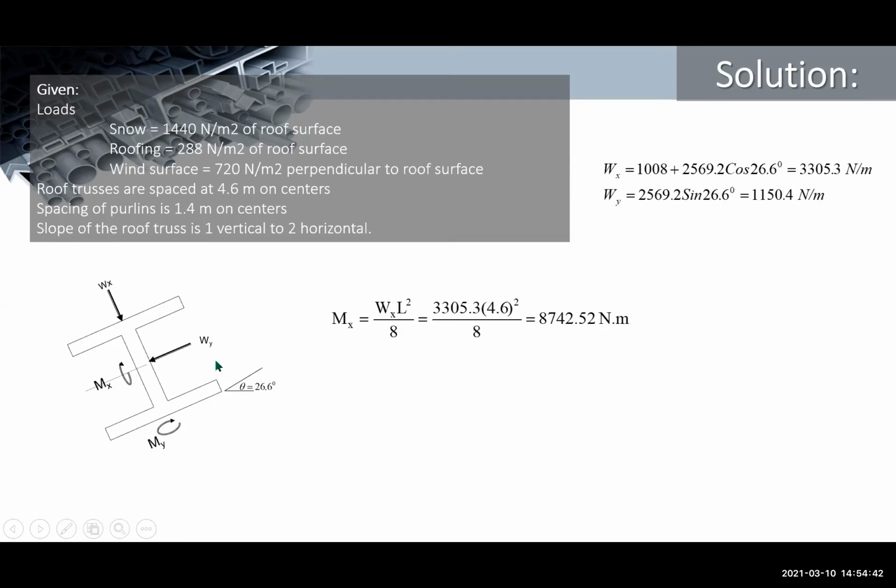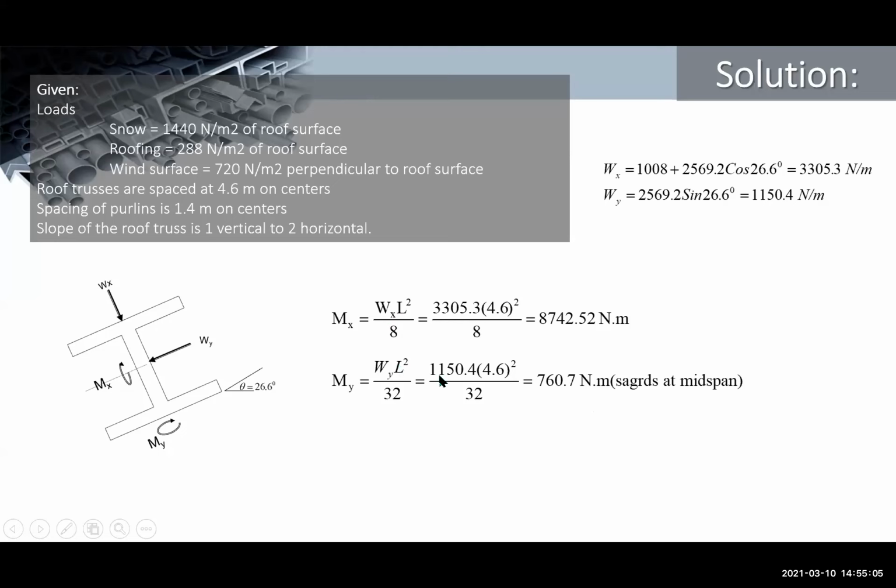Now, yung WY natin, according to the problem, may sagrad siya at the midspan. So, kapag may sagrad sa midspan, that is WL squared over 32. So, your MY will be 760.7 Newton meter. So, again, ito yung WX and WY na na-compute natin earlier.